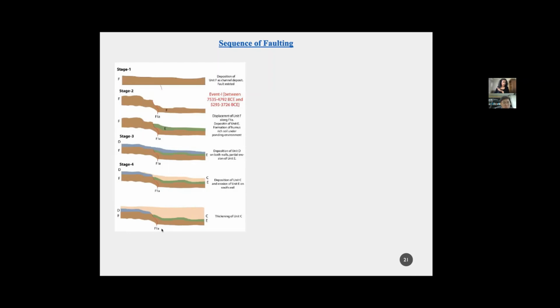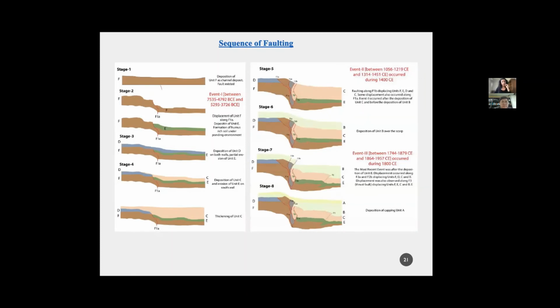After the deposition of C unit, there was a seismic event, and then after that seismic event, which is our penultimate event, there was a deposition of unit B. And after the deposition of unit B, we have 3rd event which deformed this unit B. And the current situation is this: we have a capping unit which is still not deformed till yet.